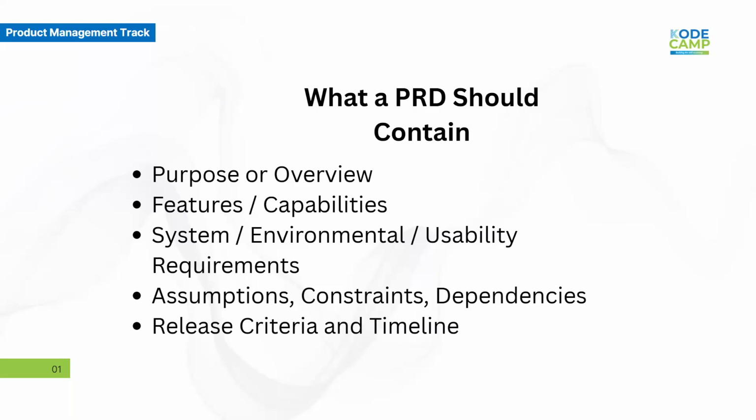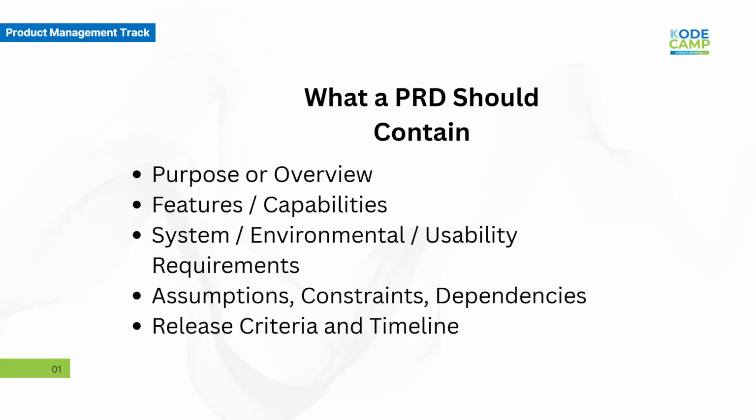It would explain how this helps to retain users and compete with other apps that already have this feature. Now, this section gives everyone the context they need. It answers that fundamental question of why are we building this?